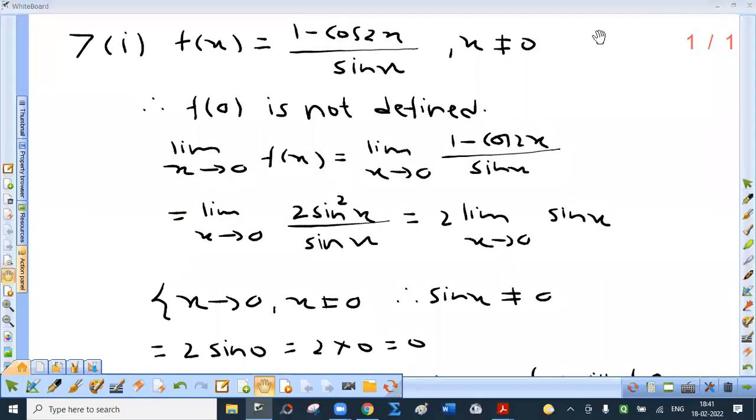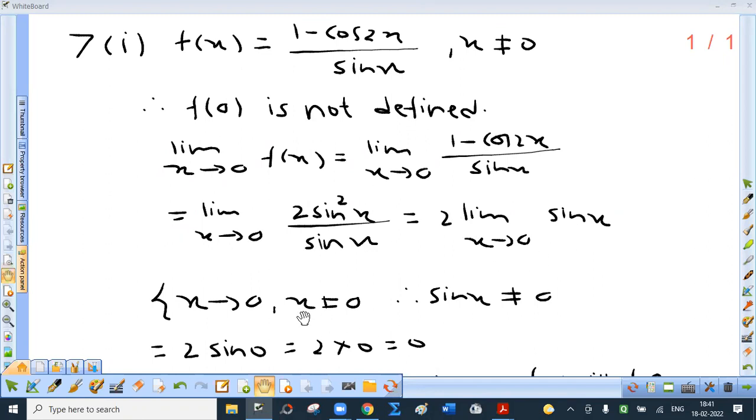Sum number 7. Show that the following functions have a continuous extension to the point where f(x) is not defined. Also find the extension. First one, f(x) = (1 − cos 2x)/sin x for x not equal to 0. Clearly, f(0) is not defined. What is the limit as x tends to 0 of f(x)? 1 − cos 2x is 2 sin² x. Can we cancel sin x?